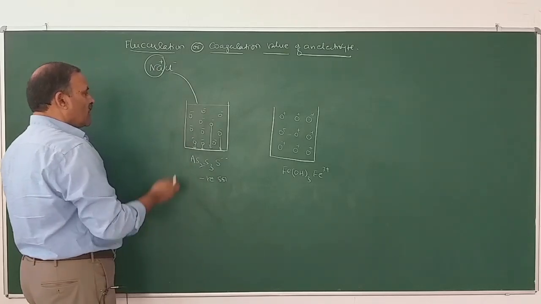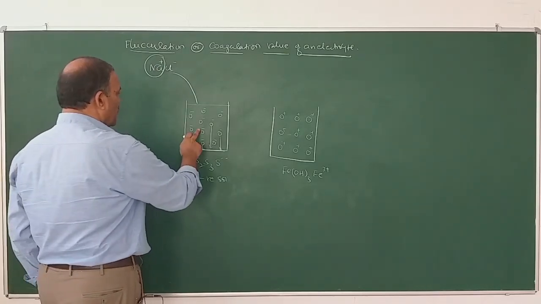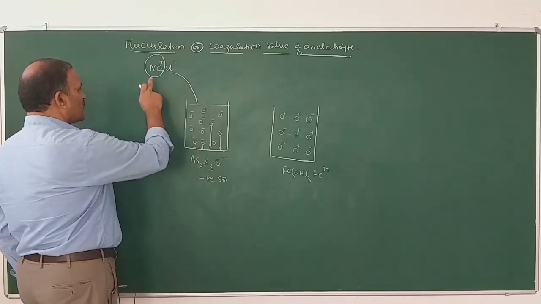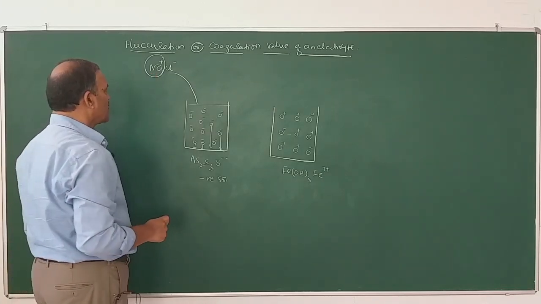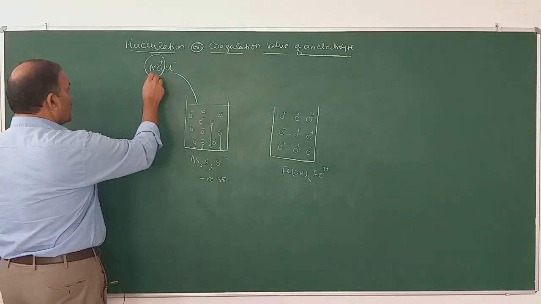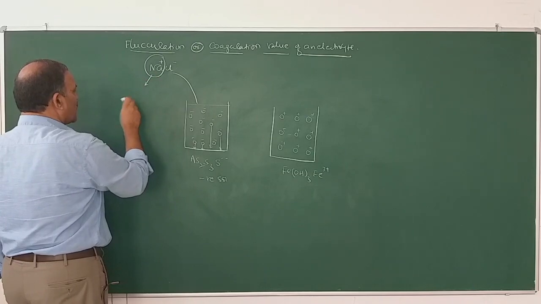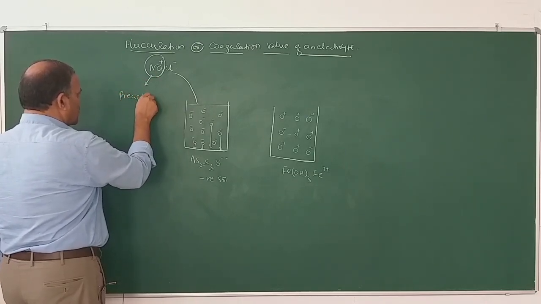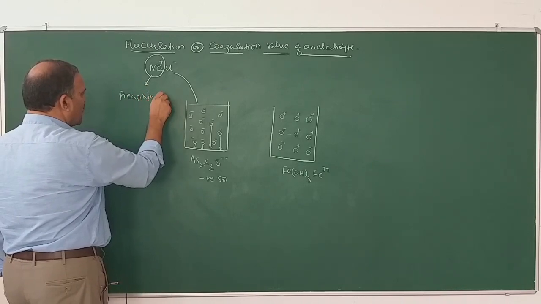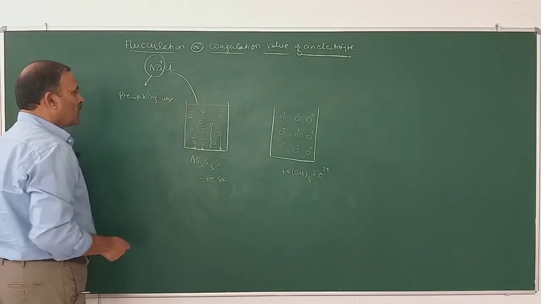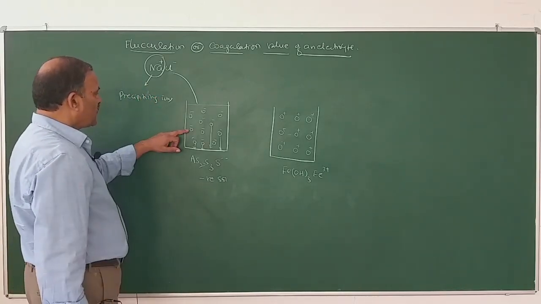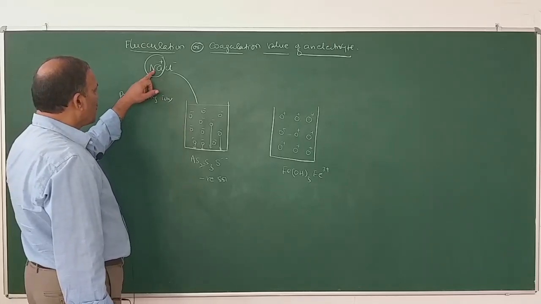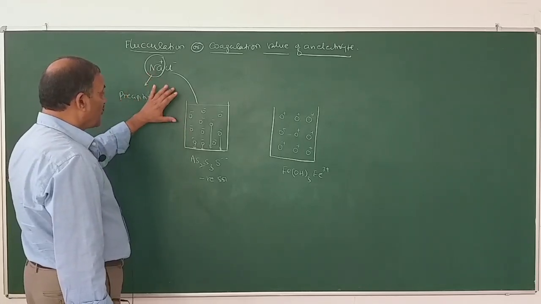So for the neutralization of negatively charged colloidal particles, positive ions of the electrolytes are effective. These positively charged ions of the electrolytes are called precipitating ions. So for the precipitation of negative salt, positive ions of the electrolytes are effective.